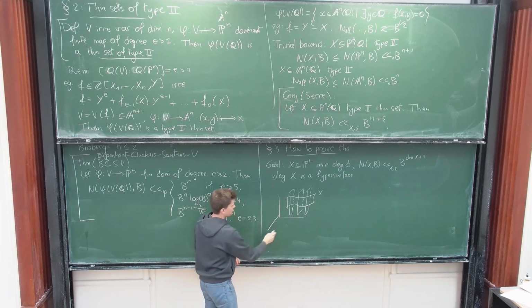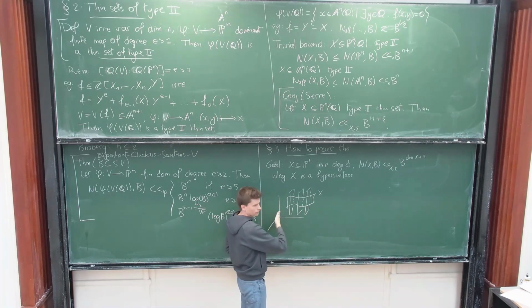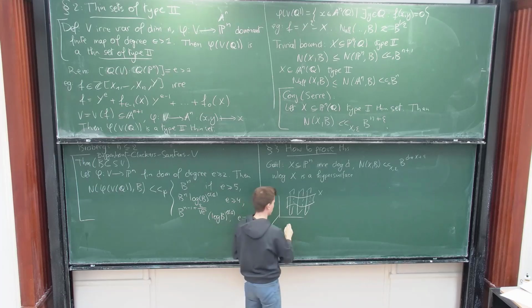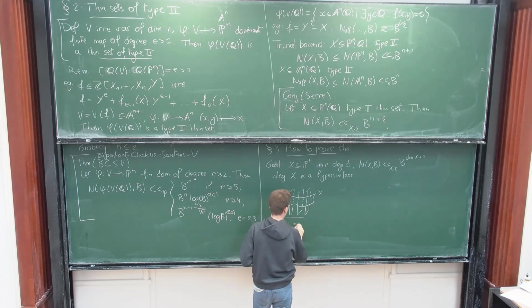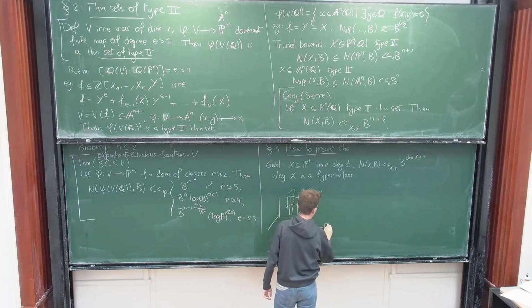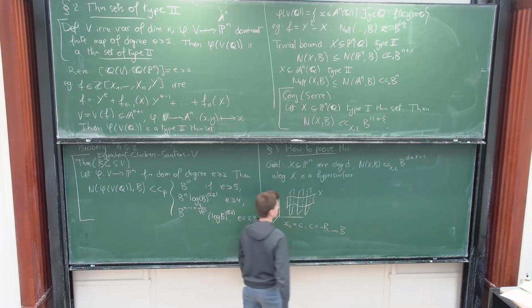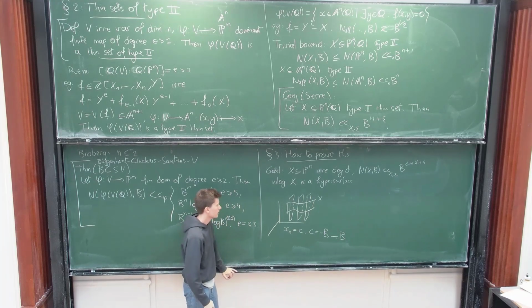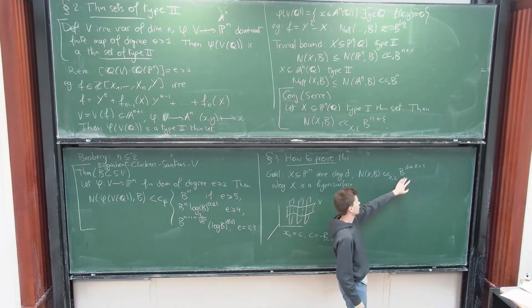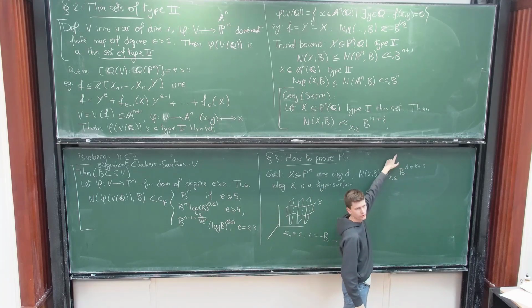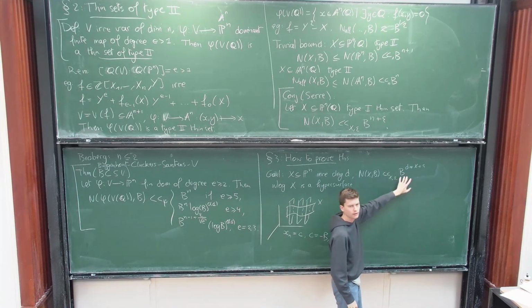In affine space, if you want to catch all integral points of height at most b, you will need roughly b hyperplanes. You just take x_n equal to c for c going from minus b to b. That's good enough for this kind of bound, because if the dimension of X increases by 1, you get an extra factor b here.